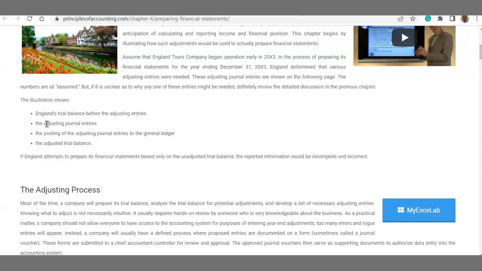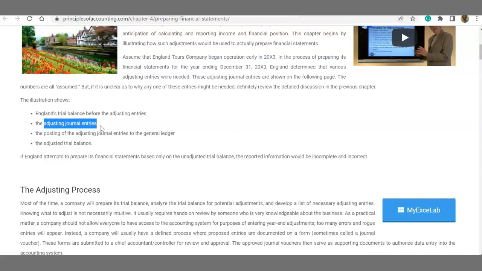If the worksheet is properly done and you get a thumbs up from your accounting team and management in regards to possible suggested adjusting entries, then you bring those adjusting entries and you do it literally as a form of journal entries. We call it adjusting journal entries.